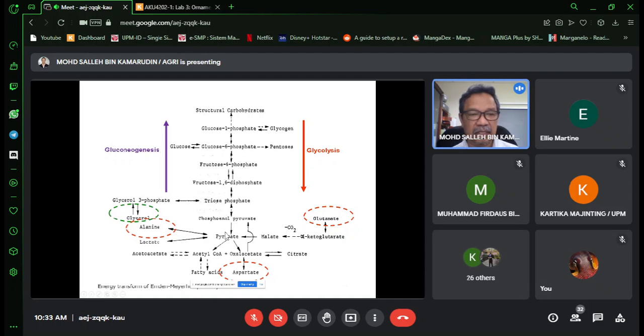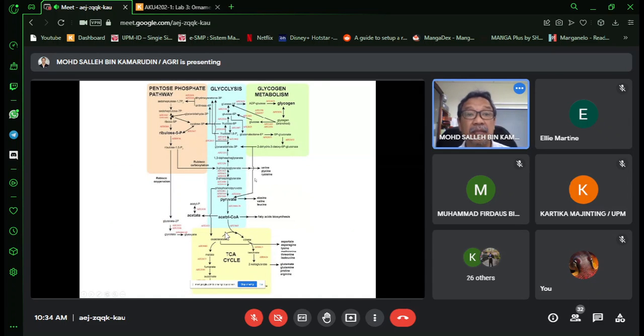Ini tadi glutamate ya. Alright, ini pun sama juga, dia ada glycogen metabolism tadi sama, dan ada pentose pathway, dia masuk balik TCA cycle ni.